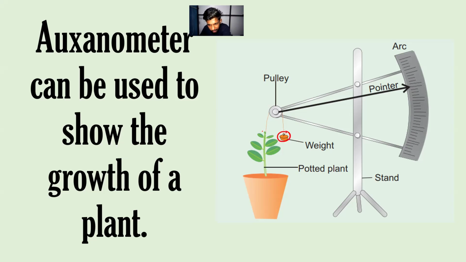So if the plant grows even 1 millimeter, the weight also will move 1 millimeter. But that small change will make a big change here in the arc. The plant will move only a little bit, but that small change will make a big difference here. So that is the purpose, to observe the growth of the plant clearly. That's why we are using the axonometer.